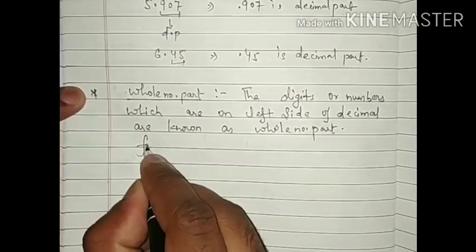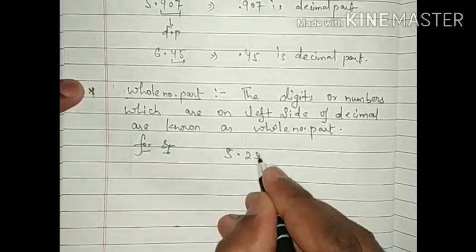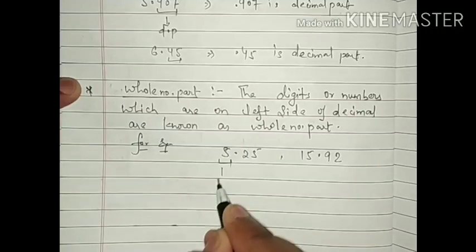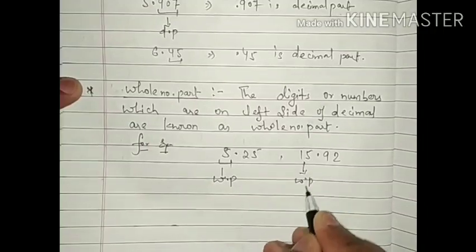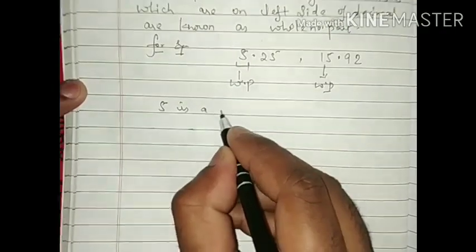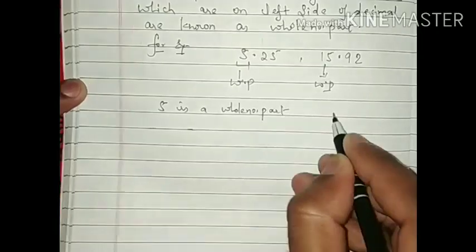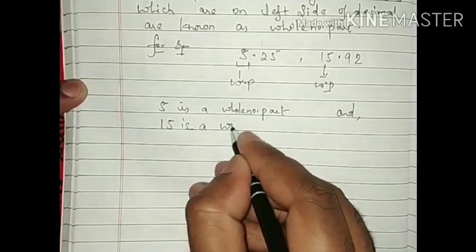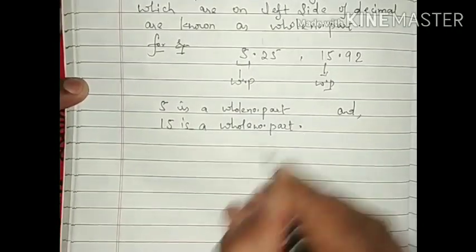For example, 5.25 and 15.92. Here 5 is the whole number part and 15 is again a whole number part.